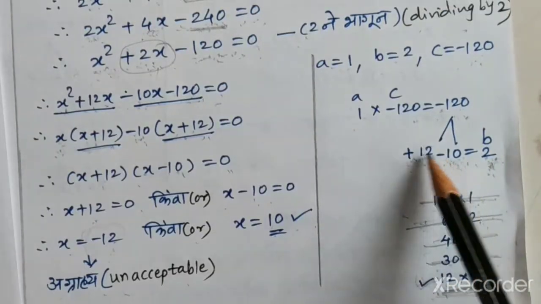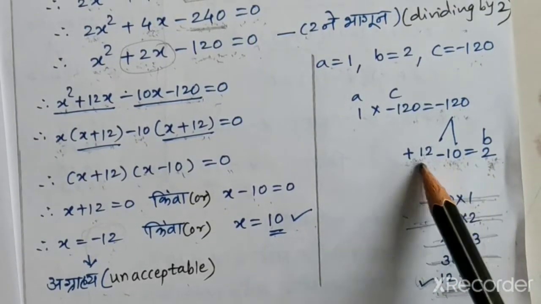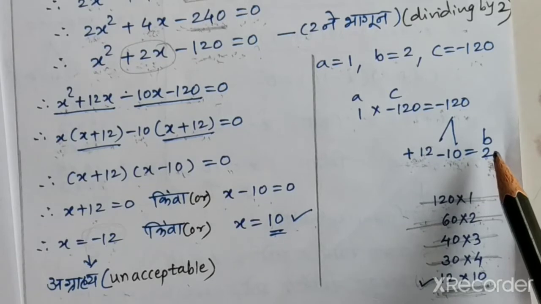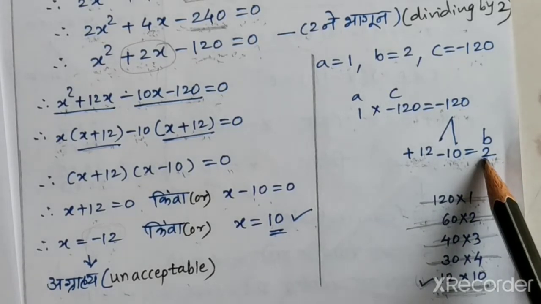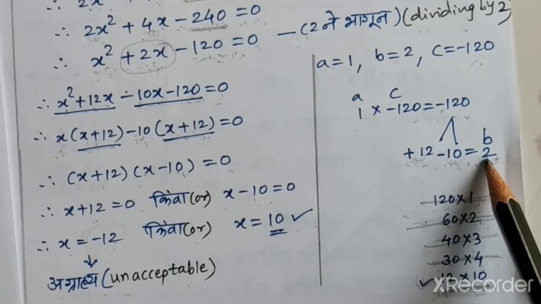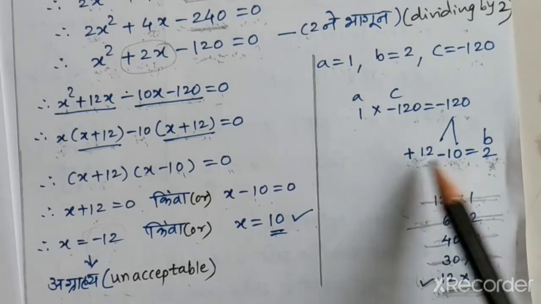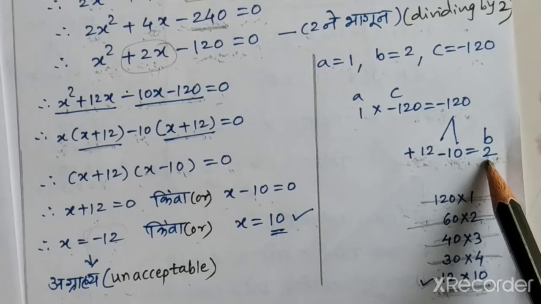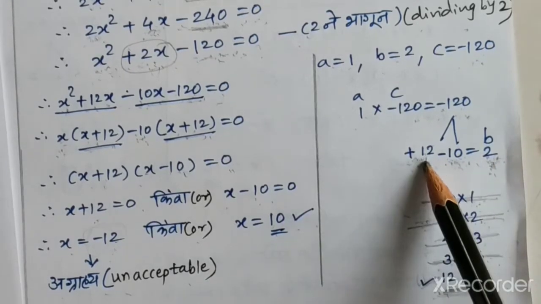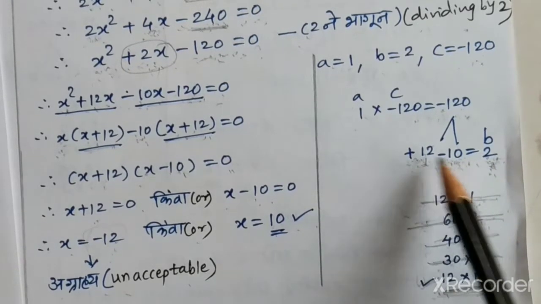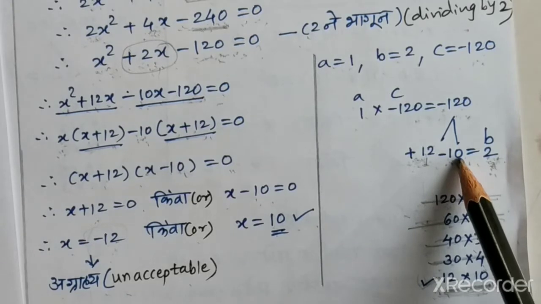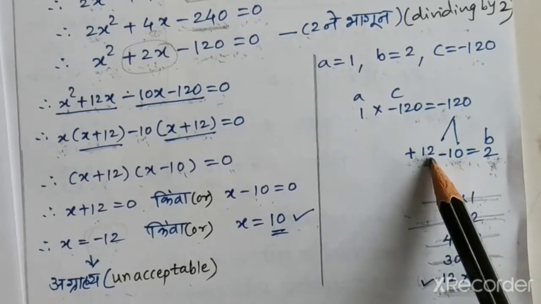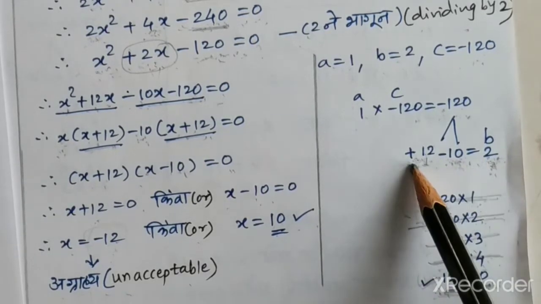Now we will decide the signs of these two factors. The sign of b is plus, so always give the same sign as b to the big number. Whatever the sign of b, we have to give the same sign to the big number. So 12 and 10 are the two factors, and the big number is 12, so give the plus sign to 12.